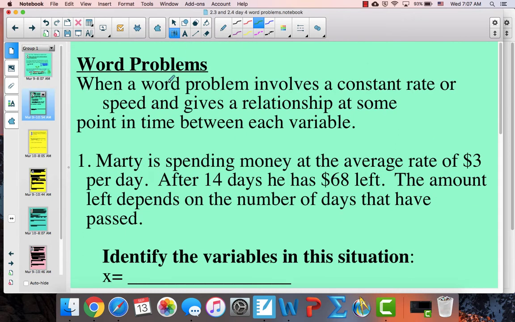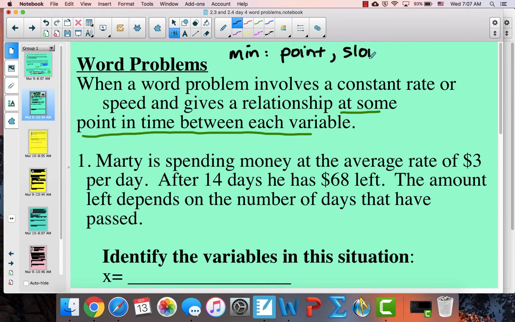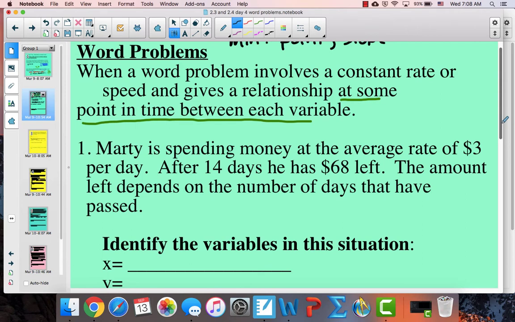Here's a word problem. Sometimes a word problem involves a constant rate or speed and gives a relationship at some point in time between each variable. Now, let's just remember that the minimum you need to write an equation of a line is a point and a slope. Okay, so Marty's spending money at the average rate of $3 per day. Now, an average rate means a constant rate.